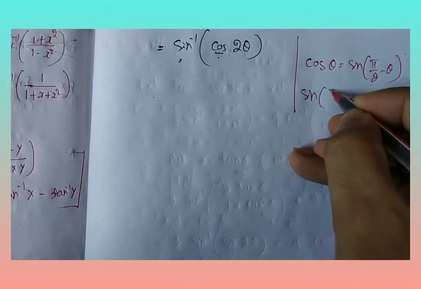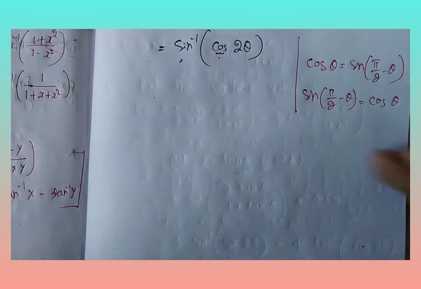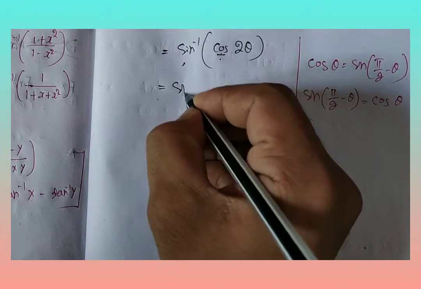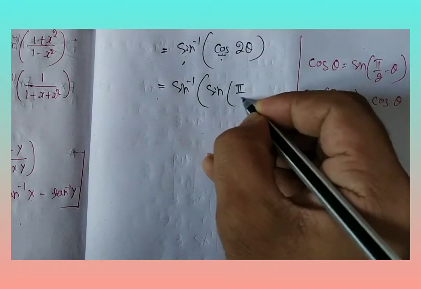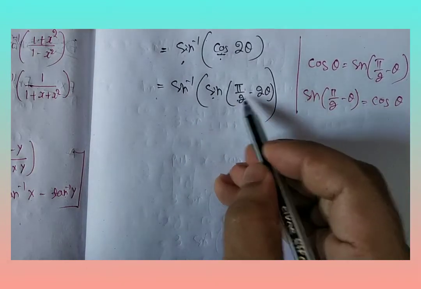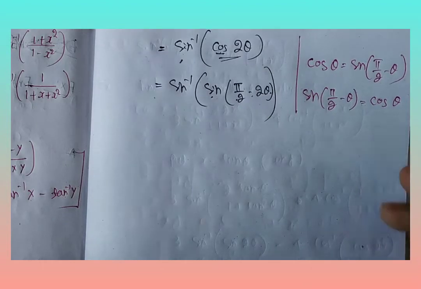Using the ASTC rule, sin (90 minus theta) equals cos theta. That means here we can write sin inverse of sin (90 minus 2 theta), which is equal to cos 2 theta.